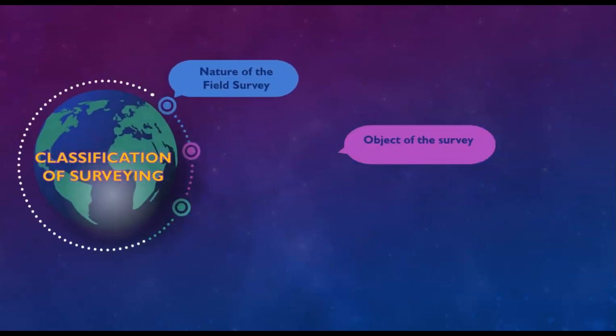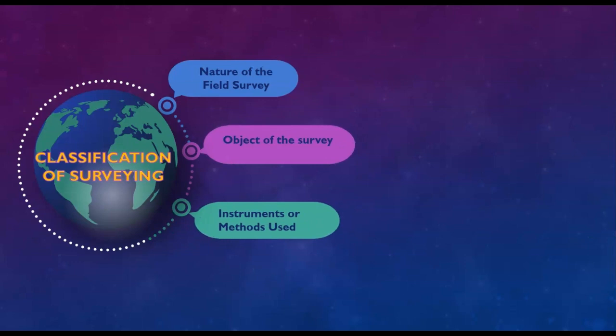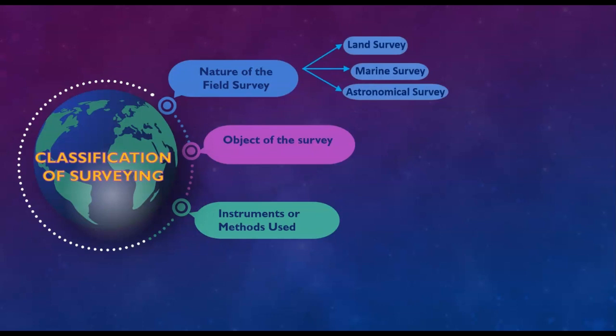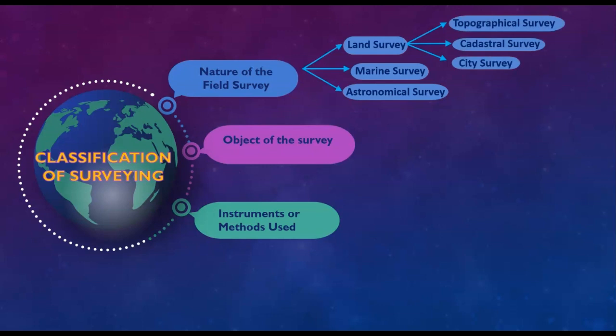Let's look at the other classification of surveying other than the primary classification. The other classification is subdivided into 3 categories: nature of field survey, object of the survey, and instruments or method used. The nature of field survey is further classified into 3: land survey, marine survey, and astronomical survey. Land survey is further classified into topographical, cadastral, and city survey.